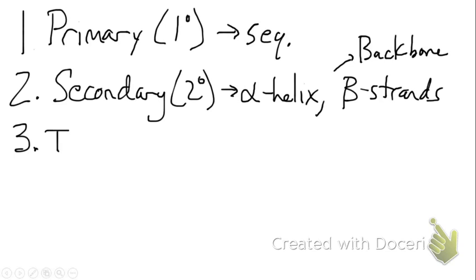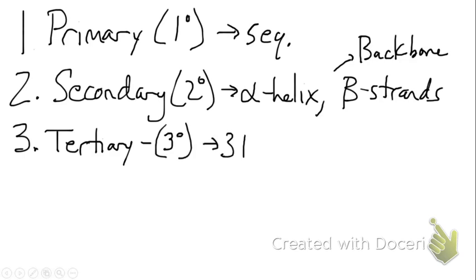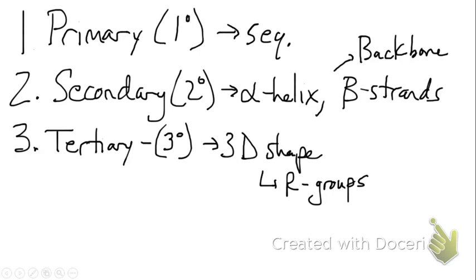What we're going to focus on right now is tertiary structure. This is the final three-dimensional shape of a protein unit. It's what happens when you get long-range interactions between R groups after secondary structure has taken place.